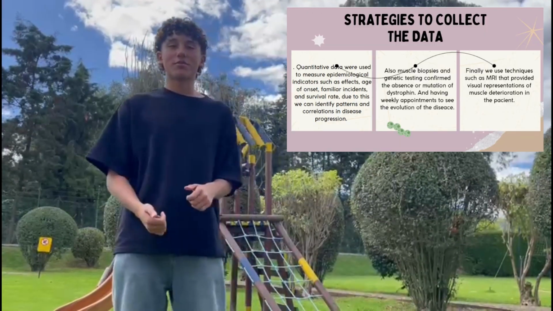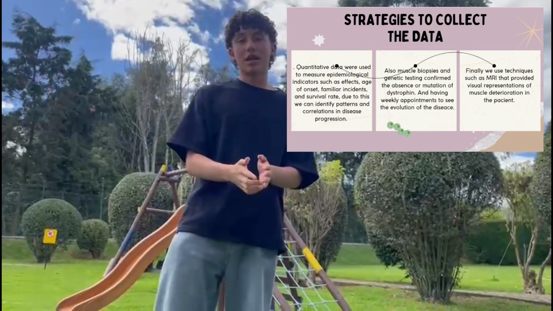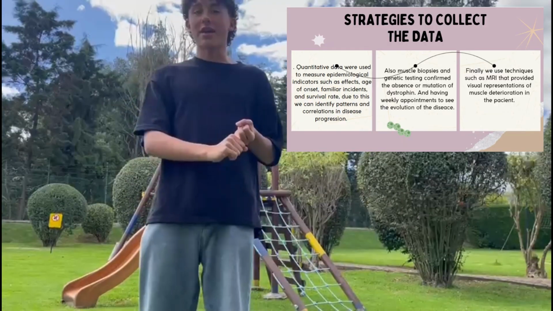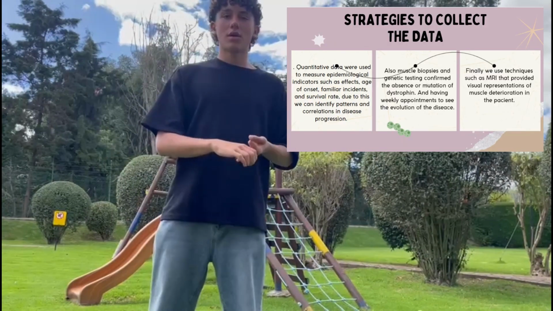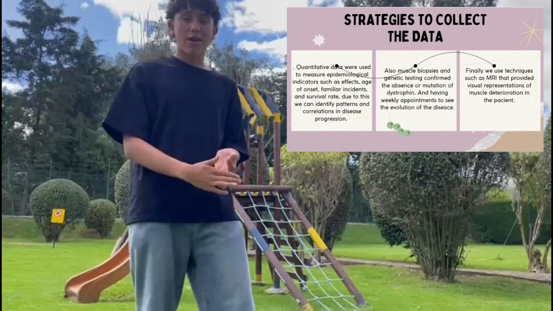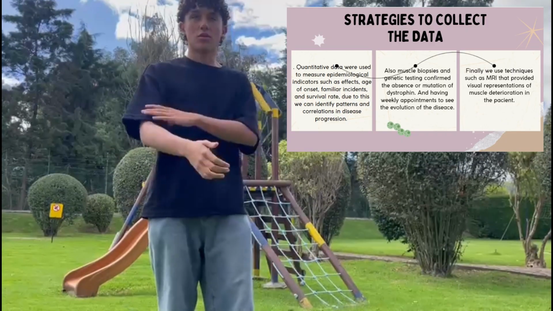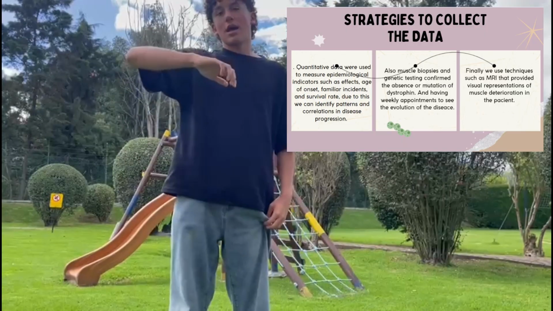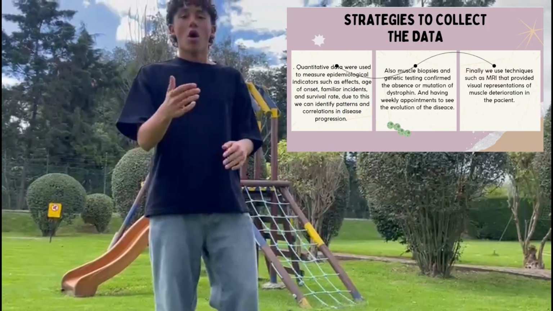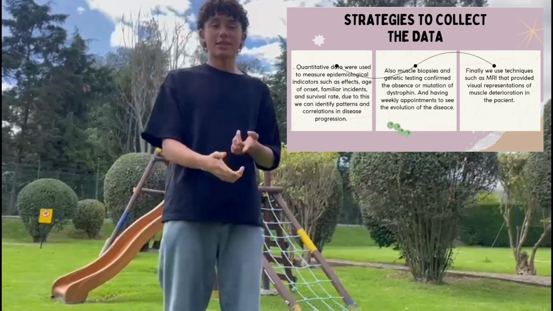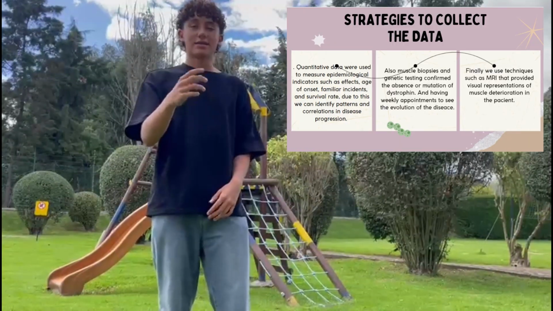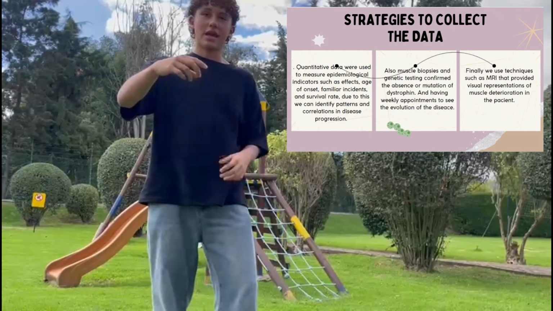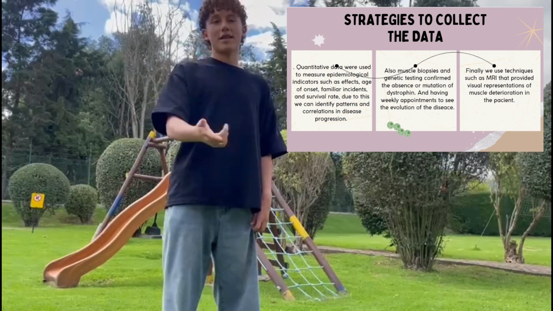Qualitative data were used to measure epidemiological effects such as age of onset, familial incidence, and also survival rate. This helps us to identify patterns and also the evolution of the disease. Also, muscular biopsies and genetic testing confirm the mutation of the dystrophin.